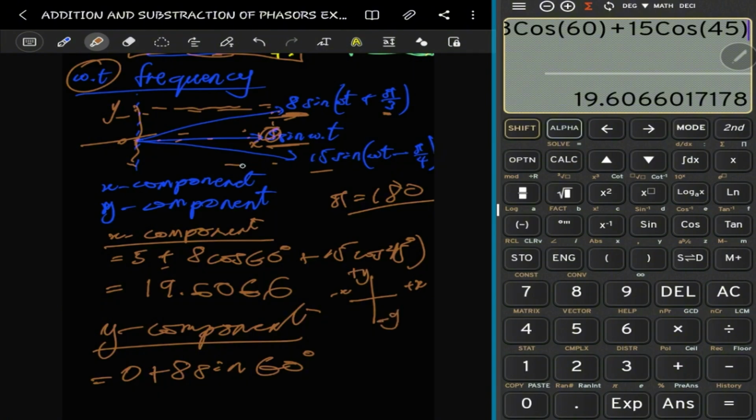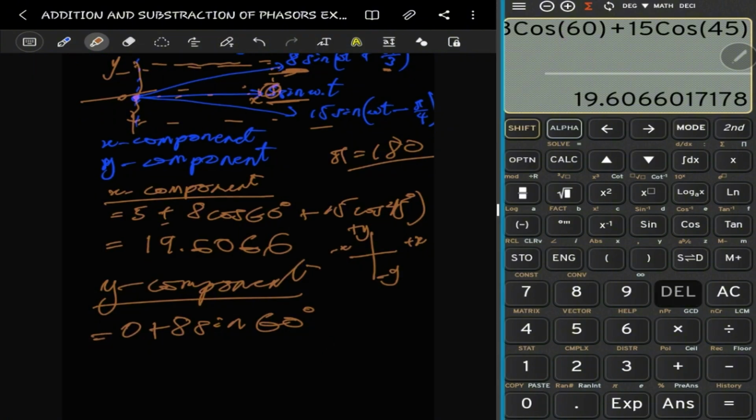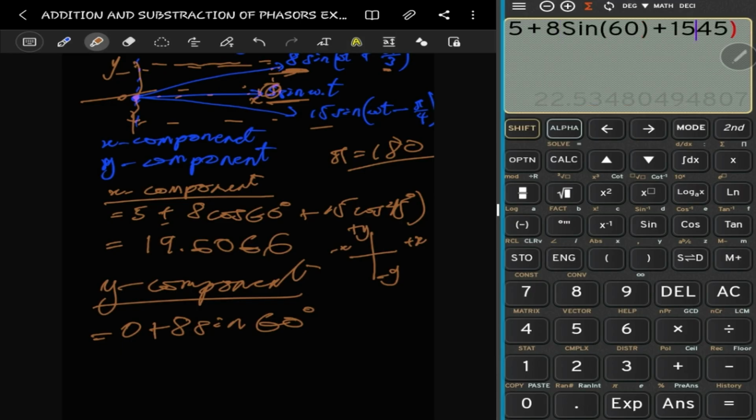This 15 traces from the origin to this side, so negative. So that's why here we get minus. So I'm coming at the sine, and we have a sine here, and this is 0.